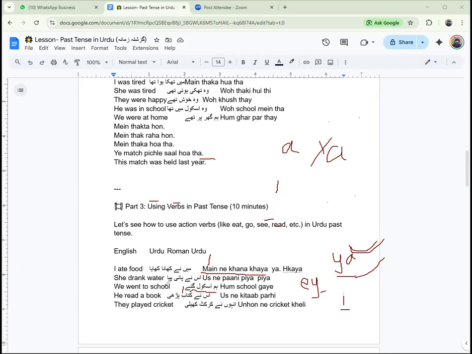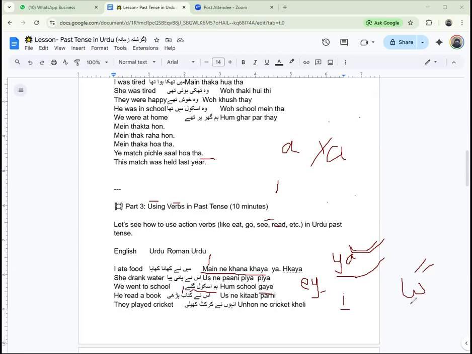So why didn't we use ne with we went to the school? Because the verb here is gaye, not gaya.